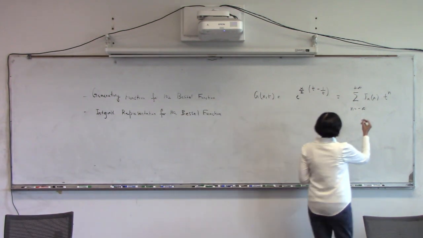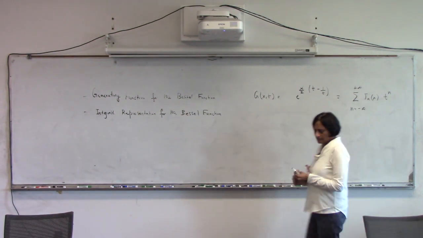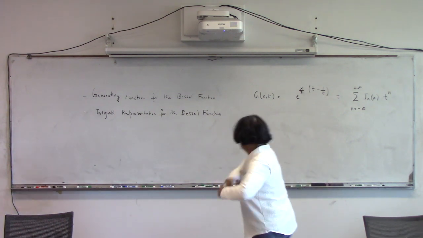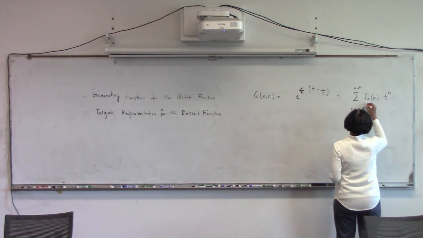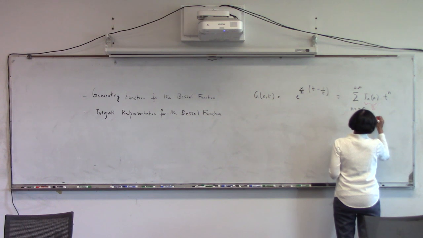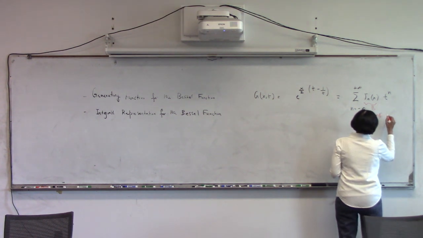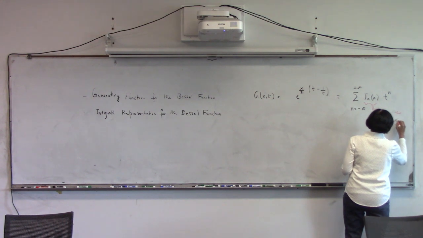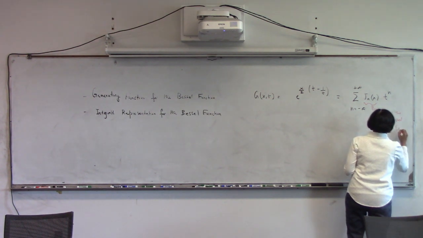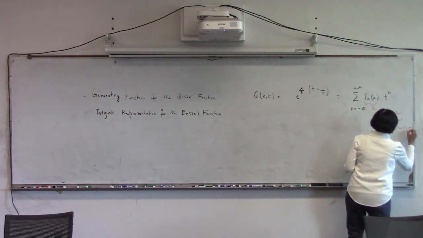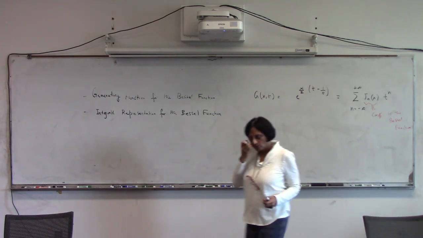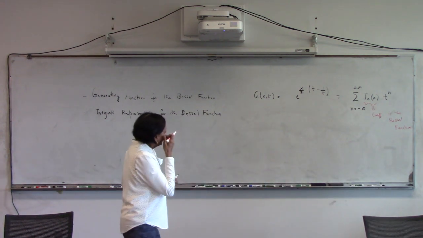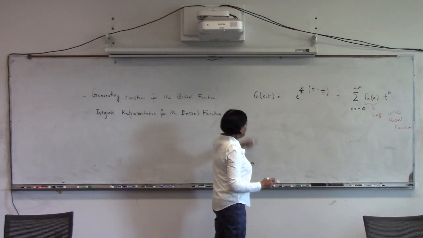So as usual, we take partial derivatives of g with respect to x and t and get some identities.